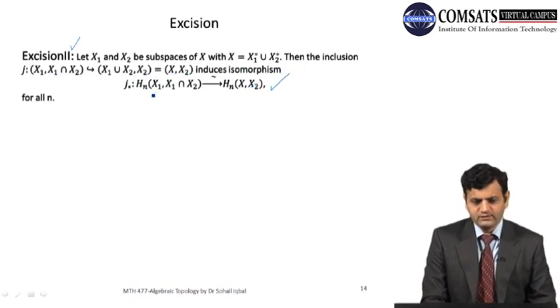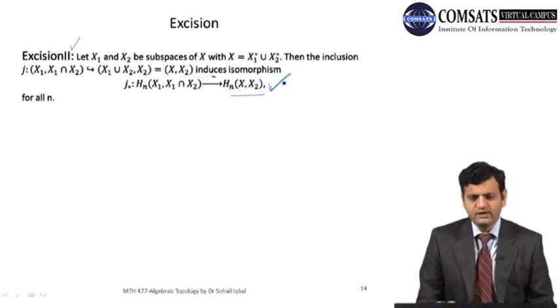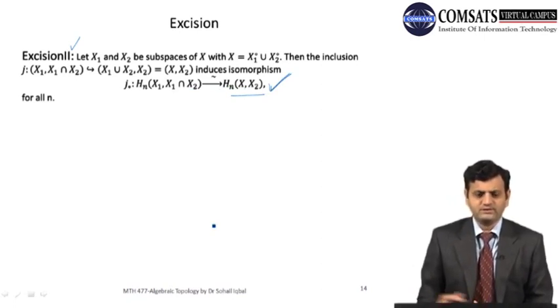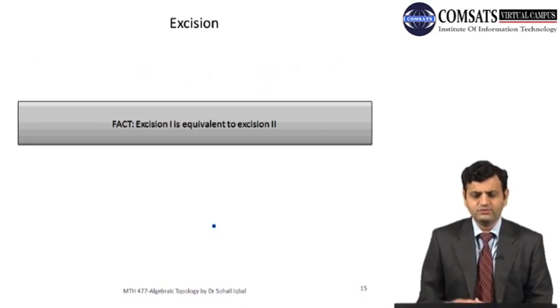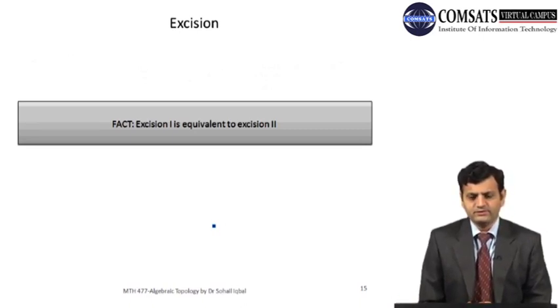So (X1, X1 intersection X2) to (X, X2). Okay, so we have two excision tools, but the fact is these two tools are equivalent. We can use either of the tools, and it depends on the situation.